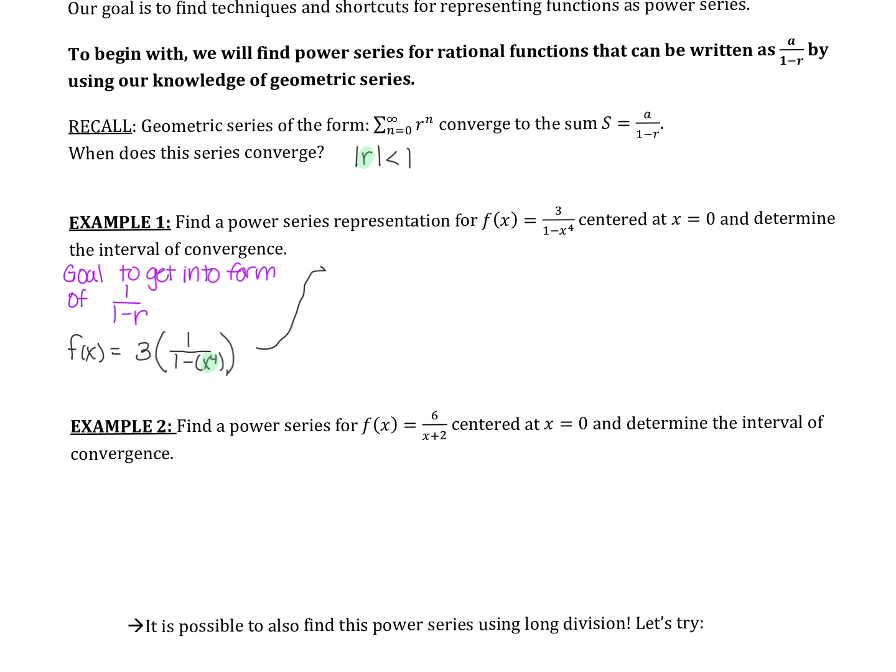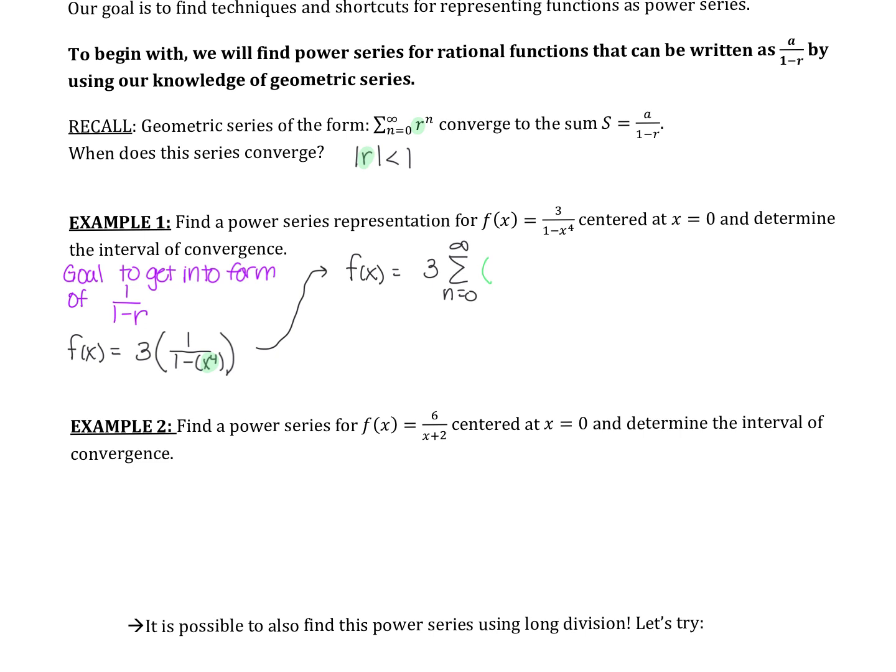But if we can do this, then my function is equivalent to 3 times the series from n equals 0 to infinity of, and this is where we go back to that r value we just found, and I'm going to raise our r to the n power.